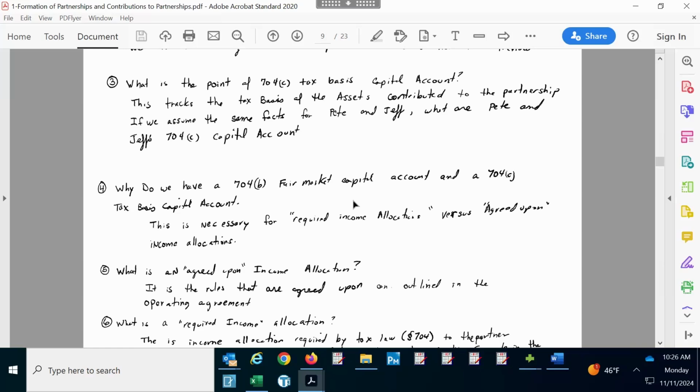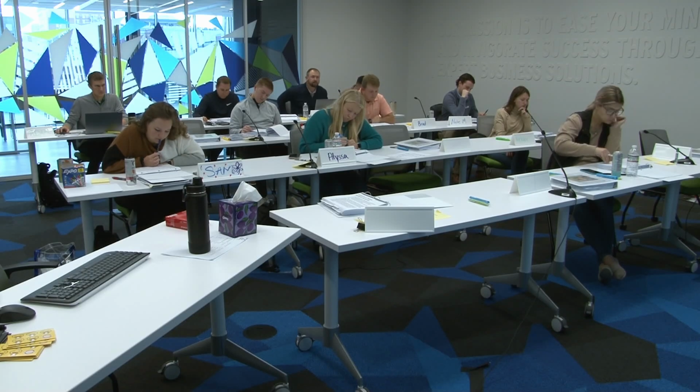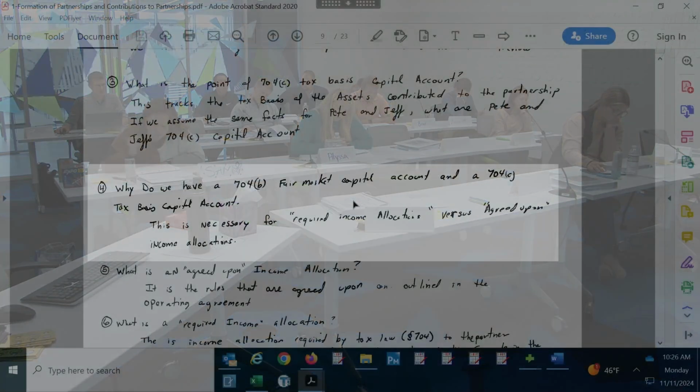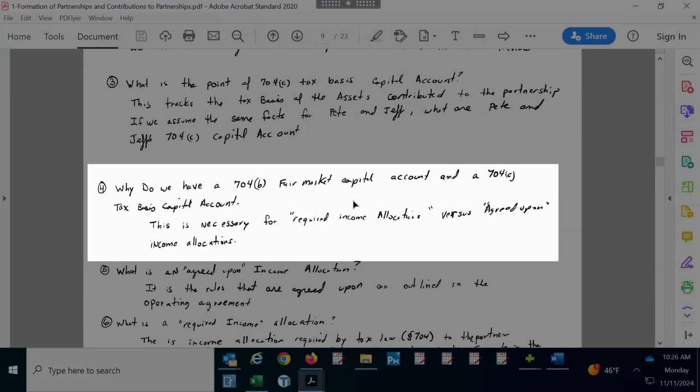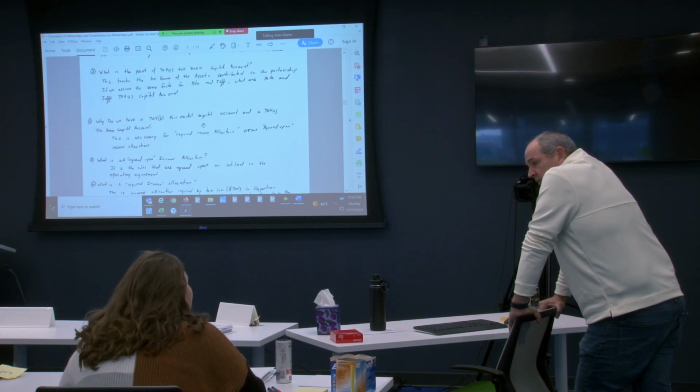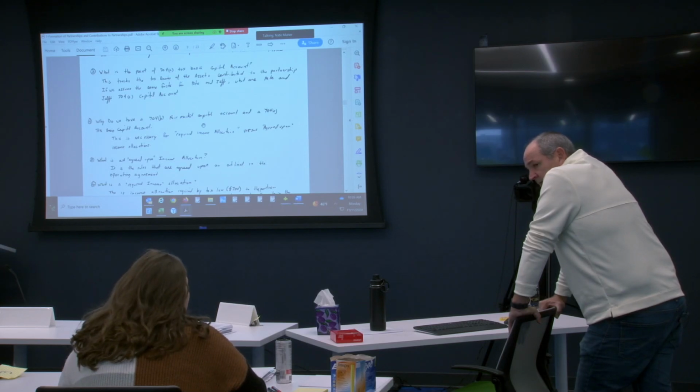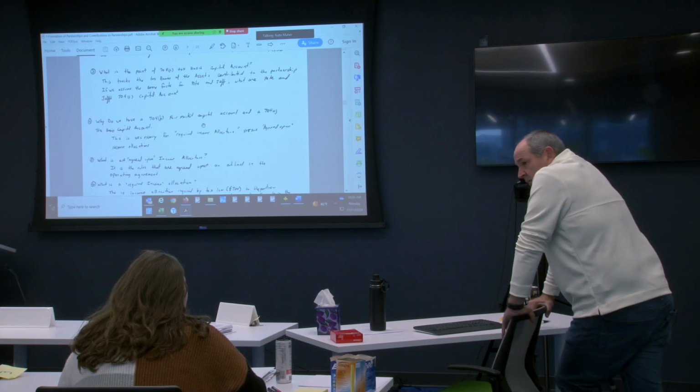Okay, Aaron, who do you want to call in for number 4? Sam. Why do we have a 704B fair market value capital account and a 704C tax basis capital account? This is necessary for required income allocations versus agreed upon income allocations. I know I've said this, but it's got to be clear as mud at this point. There's a required income allocation and there's an agreed upon income allocation.